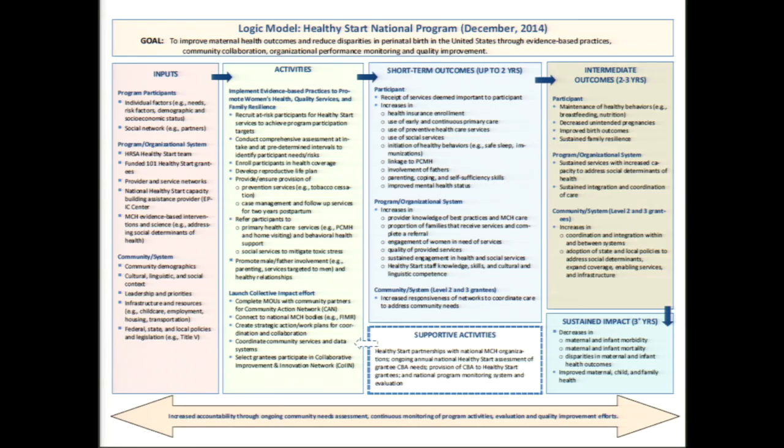Okay. Thank you. So here's a complex logic model. This is the Healthy Start logic model, which has multiple levels of influence, right? So who's seen this? That's it? No more? It's hard to read, it's true. Okay, so we've got program participant level, we've got our organizational level, we've got our community system level.